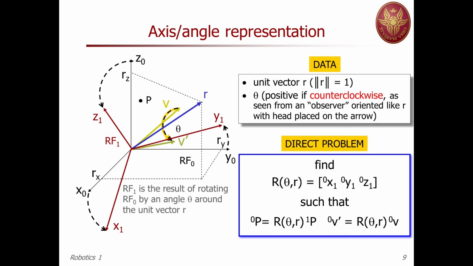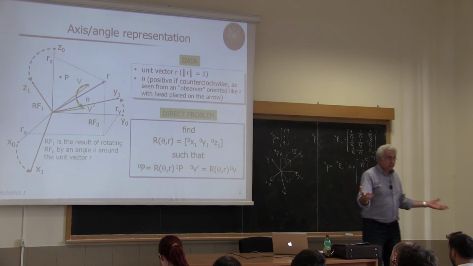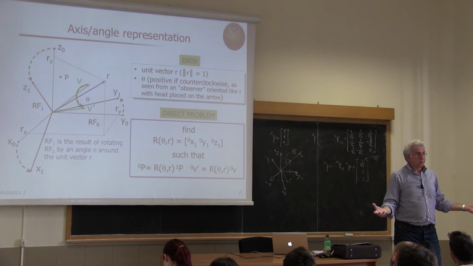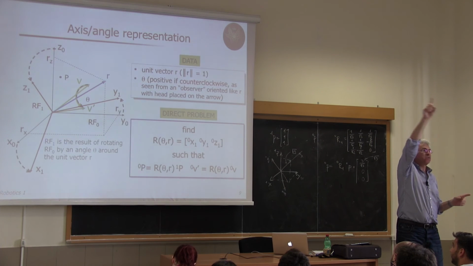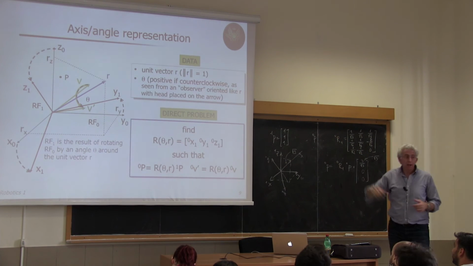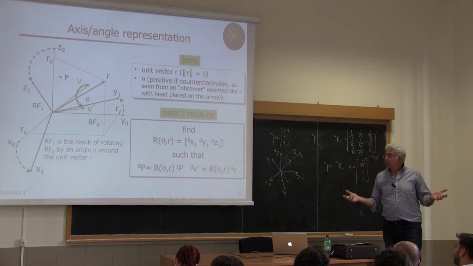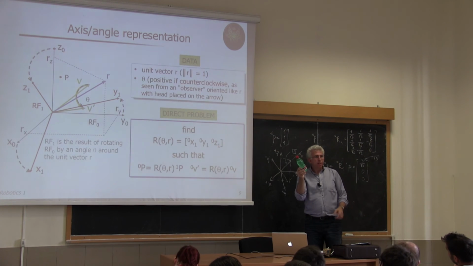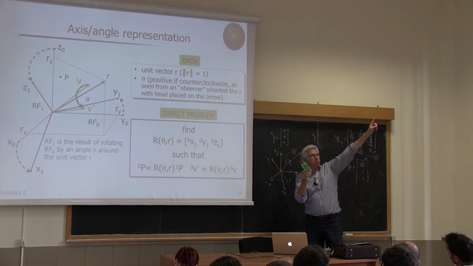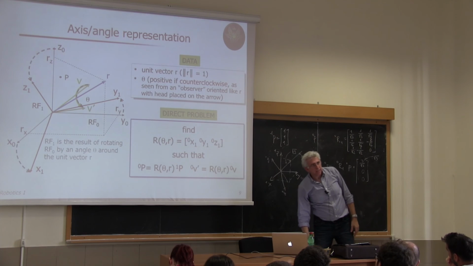Suppose that I have a vector, and I want to see what is its representation after a generic rotation. Not an elementary one around the x-axis, but around a generic axis, which I call r, and by a generic value of angle theta. So I have this vector, and I have this axis r, and I want to do a rotation of some angle theta around this axis.